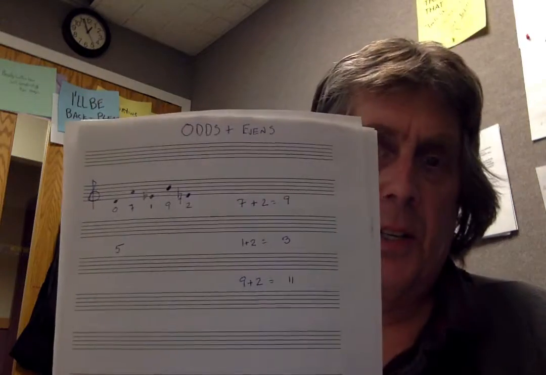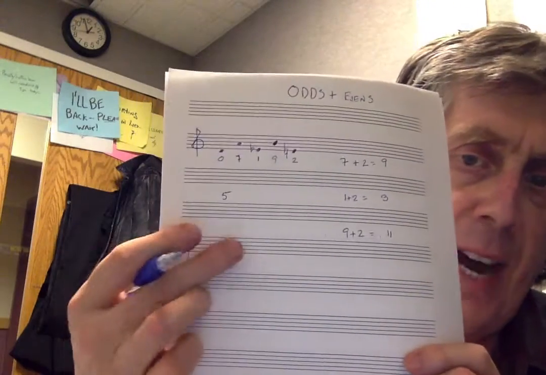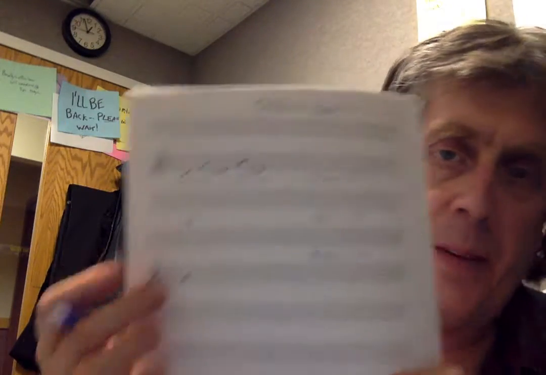And it turns out that 5 semitones away from D natural is G. That G is 5 semitones away from D.